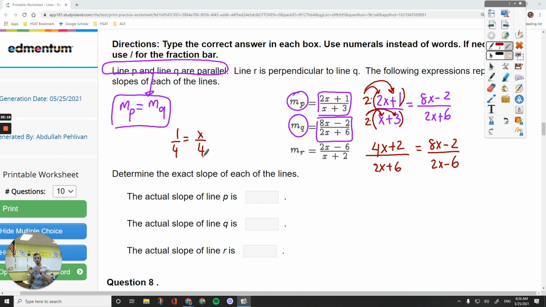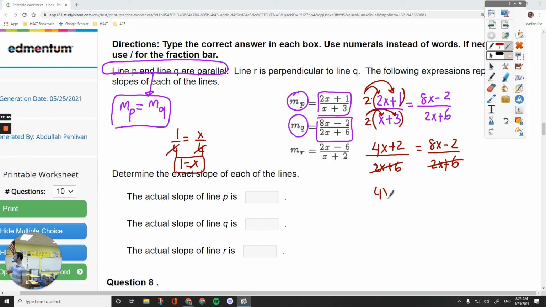When you have the denominators being equal, you just ignore them, ignore the 4's, and then say that 1 equals x. That's how you solve it. It's much simpler if the denominators are equal. So in here, 2x plus 6 and 2x plus 6, since they're equal, you can just ignore them and then set the rest of the equation up.